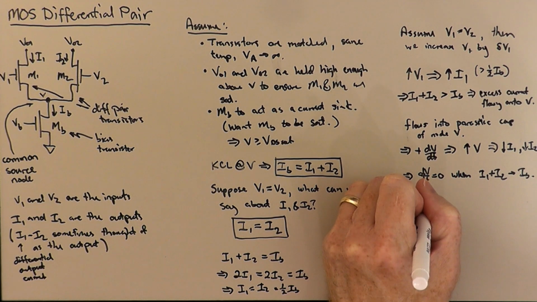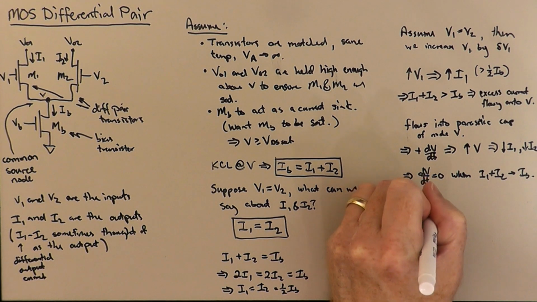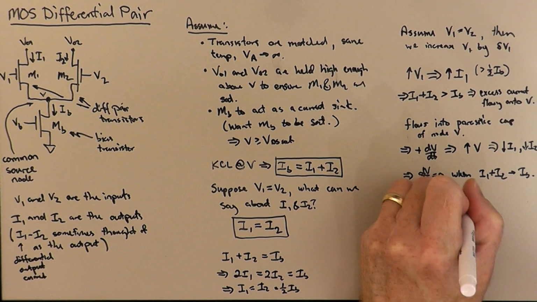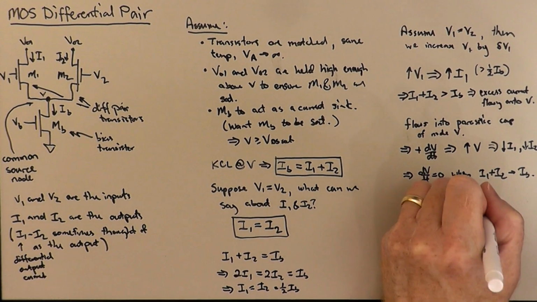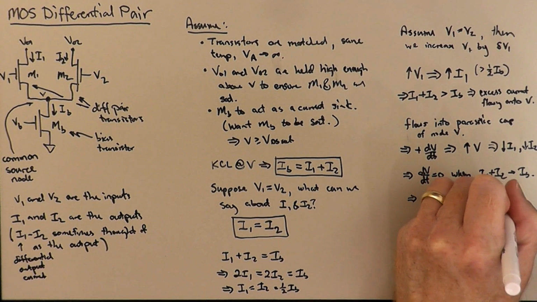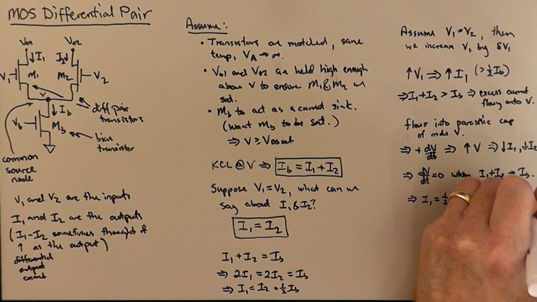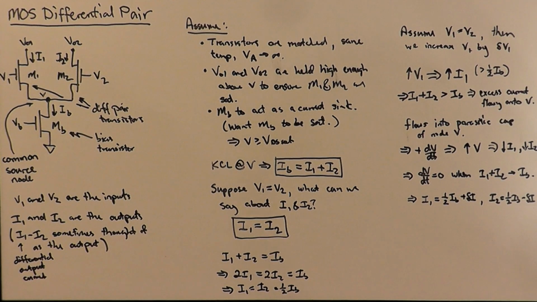So we have basically I1 is going to be equal to half IB plus some delta I, and I2 is going to be equal to half IB minus that same delta I. The amount by which we increased the current in M1 has to equal the amount by which we decreased the current in M2. It's a zero-sum game. These two currents have to sum to a constant IB.